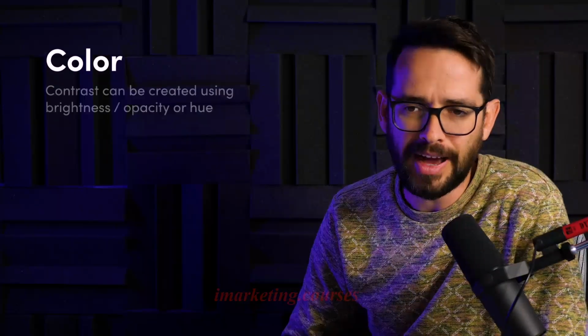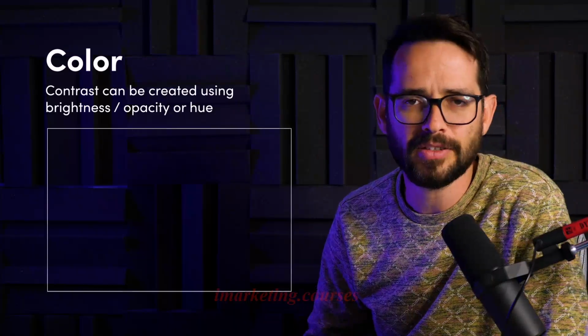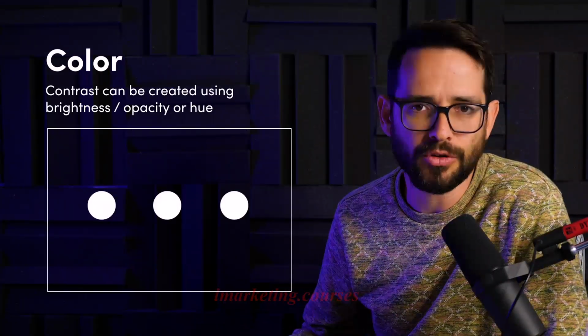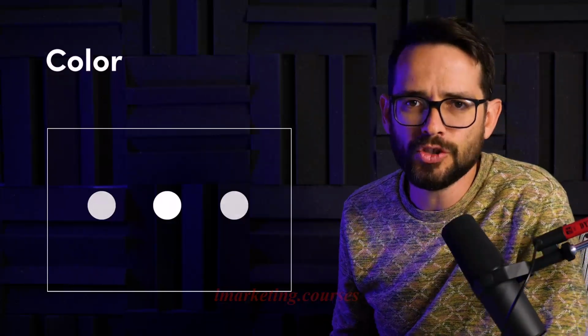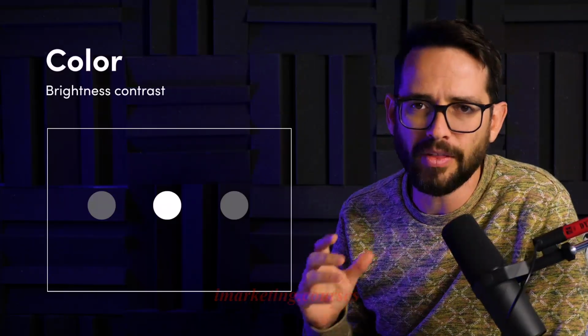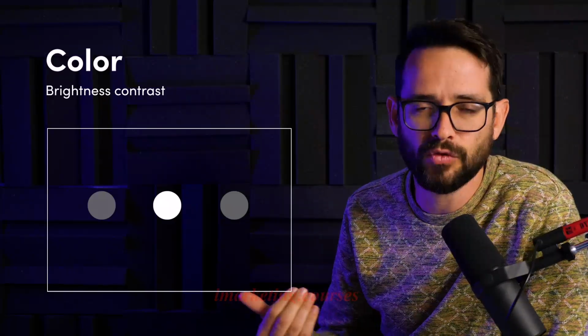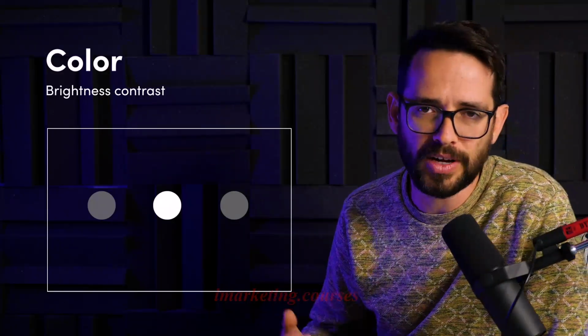Okay, the second thing that helps us create hierarchy is color. Now, there are two ways that we can use color to create hierarchy. So again, let's imagine that we have three circles on a page, same size, so there's no hierarchy between them. Well, the first way to create hierarchy is to reduce the brightness of some elements, and then the one that is the brightest or has the most contrast from the background will light up first, because that is the most contrasted element.